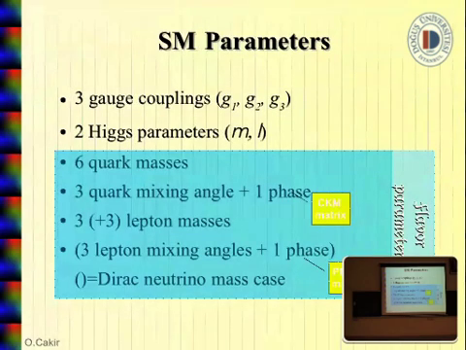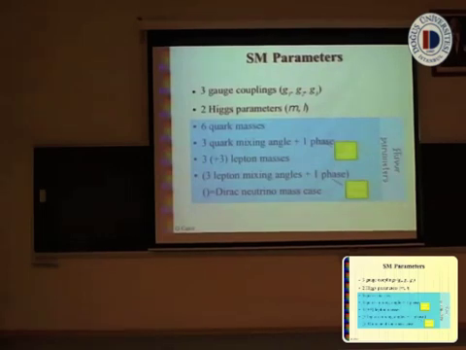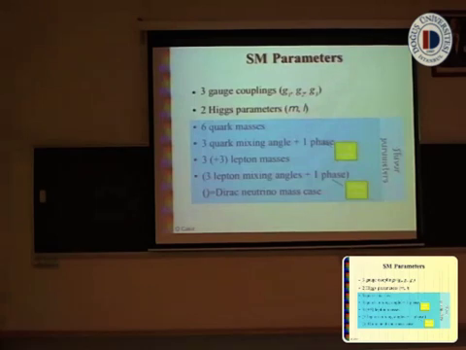So the standard model has some parameters: 3 gauge couplings, 2 Higgs parameters, 6 quark masses, 3 quark mixing angles and 1 phase, 3 lepton masses, and in the mixing case there are also other parameters. So there are many parameters in the standard model, but not too many when compared to other theories.